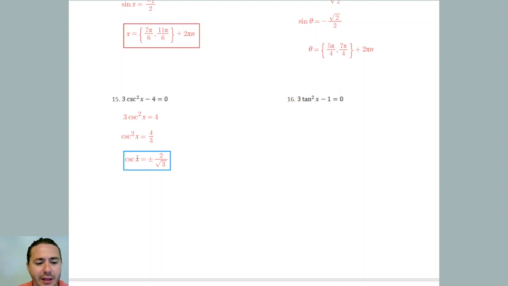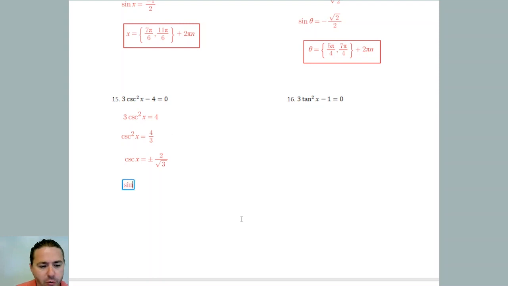So what I mean by that is, I don't want to be looking for cosecant on my unit circle. Instead, I'm going to just reciprocate both sides, flip both sides as fractions, and rewrite cosecant as its reciprocal, which is sine, and rewrite the right-hand side as its reciprocal, which will be plus or minus root 3 over 2.